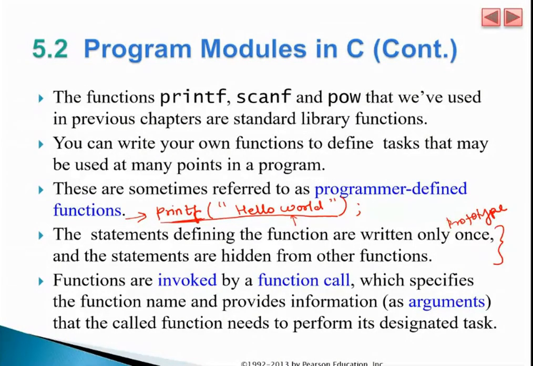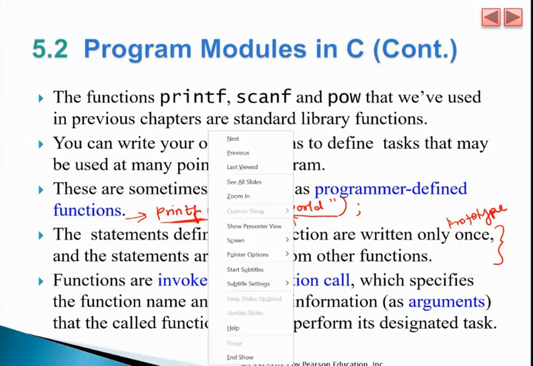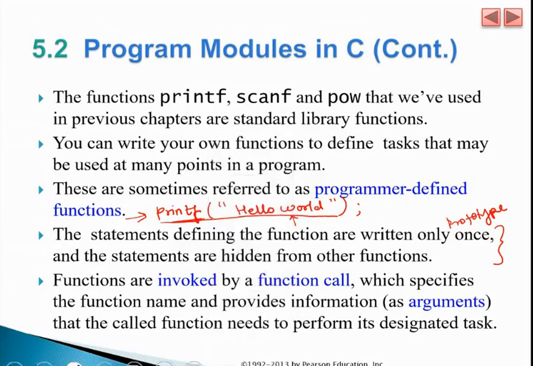This is to inform what you have to print. printf is used for printing on the screen, but in the argument we have to inform what you have to print on the screen. So in this line, printf is the function name, hello world acts as an argument, and this entire statement is a function call to printf.